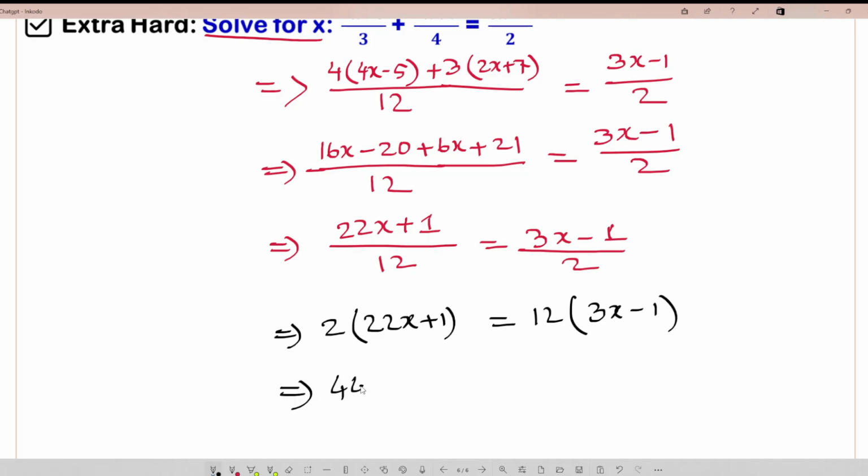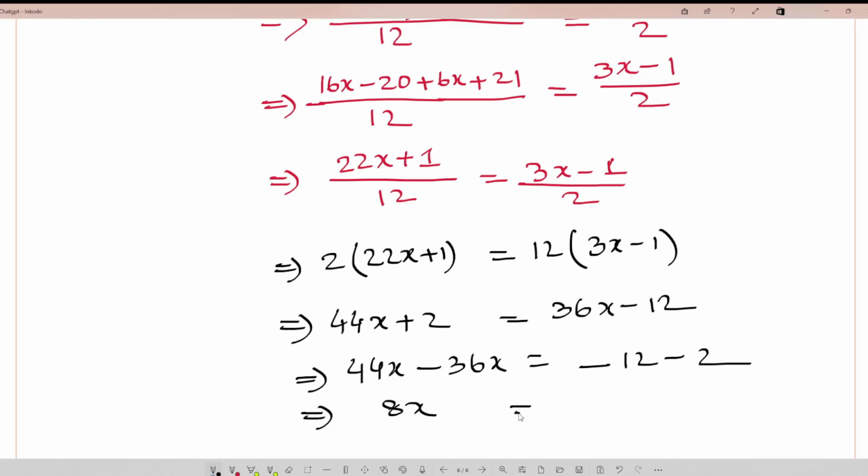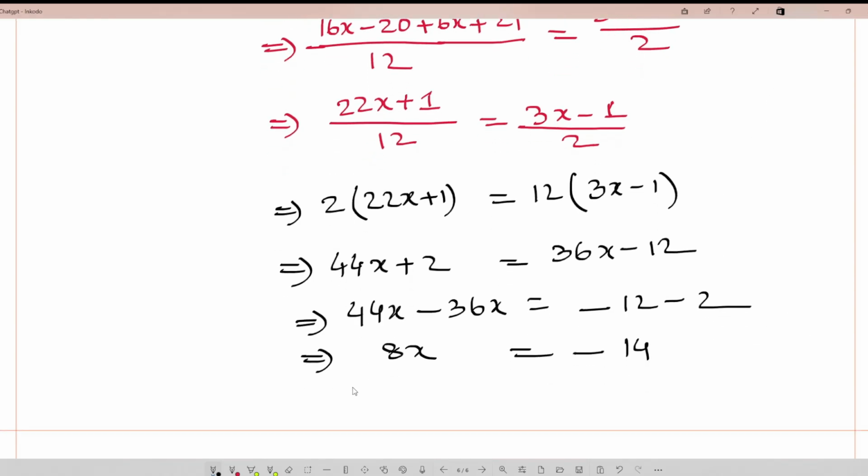So 44x + 2, and here is 36x - 12, right? Now look, 44x - 36x equals -12 - 2. So it will become 8x, and here is -14. So we can divide both sides by 8.